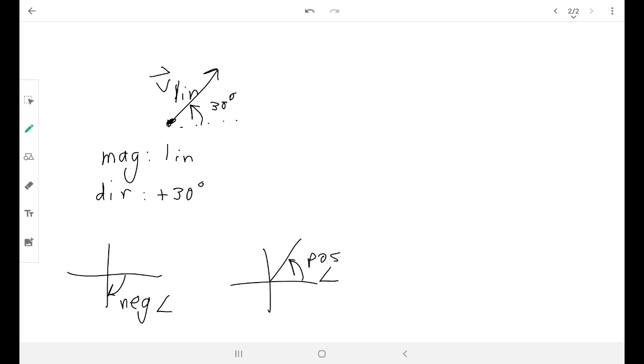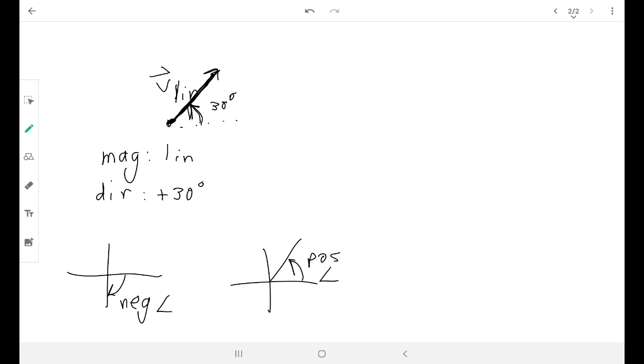So when your problems are asking you to use a ruler and protractor, what you would do is you would measure the distance from there to there. That would be the magnitude or the length. And then you'd use the protractor to measure from there to there.